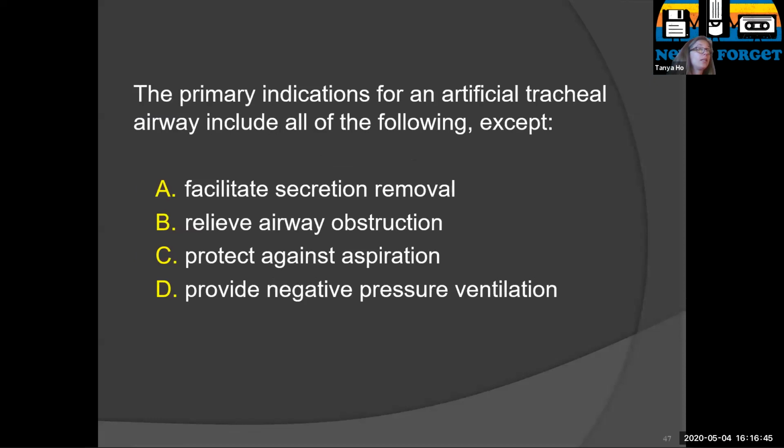Okay, so the primary indications include all of the following except... go ahead and pause and see if you can figure it out. And then I'm going to tell you what the answer is. So the answer is D, provide negative pressure ventilation. That is spontaneous ventilation.